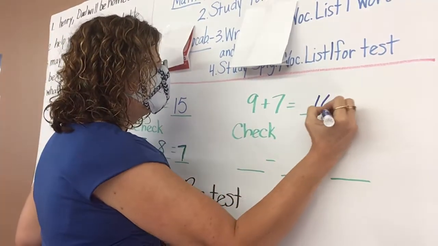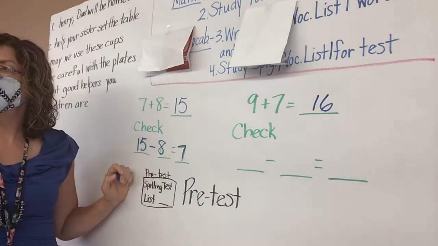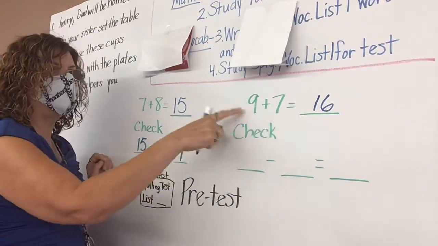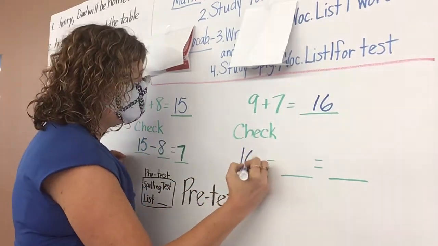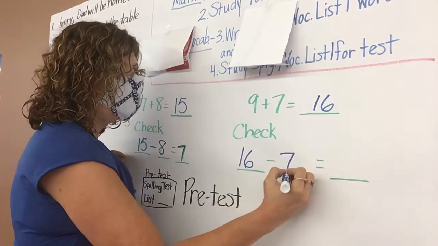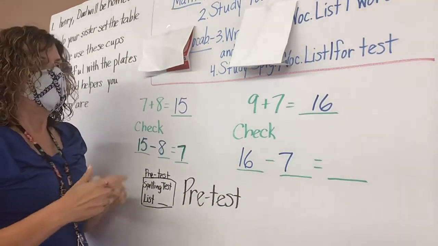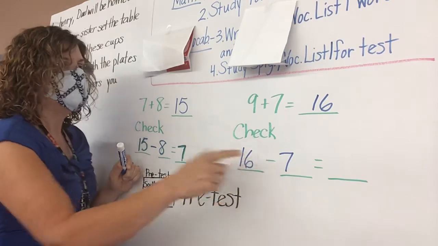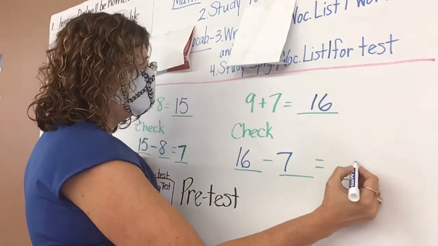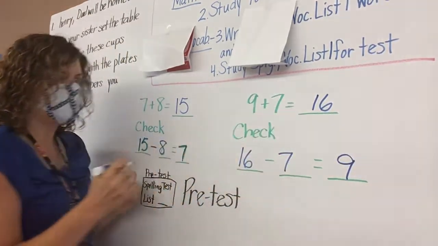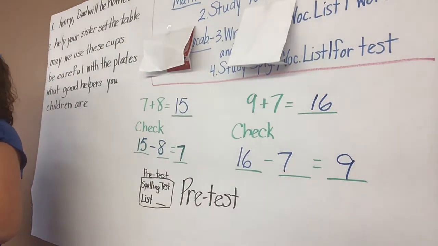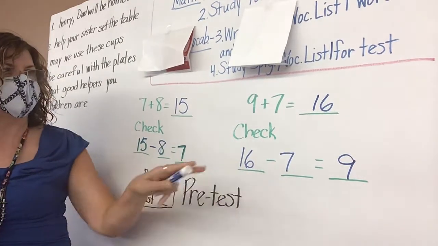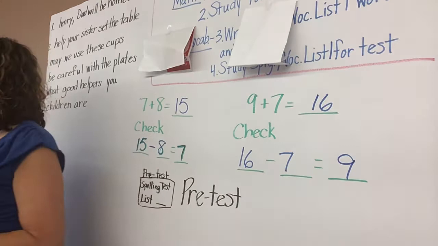So you put 16, and then to check it, you're going to go backwards, 16 minus 7. Now, 1 and 6 is 7, so 16 minus 7 is 9. That should be an easy way to remember. If the two numbers up here, 1 and 6, make 7, you know the answer is going to be 9.